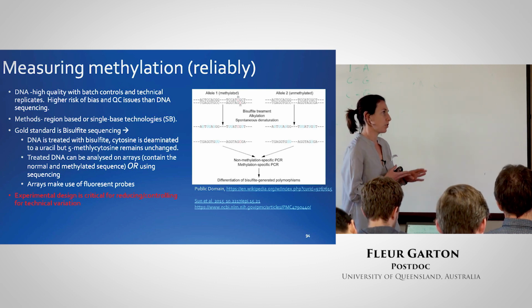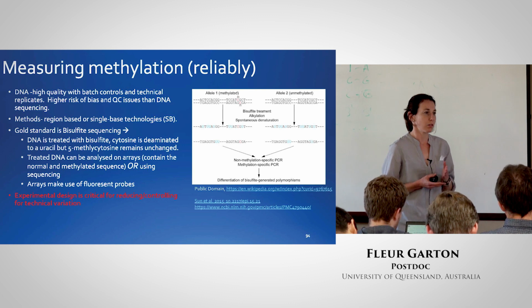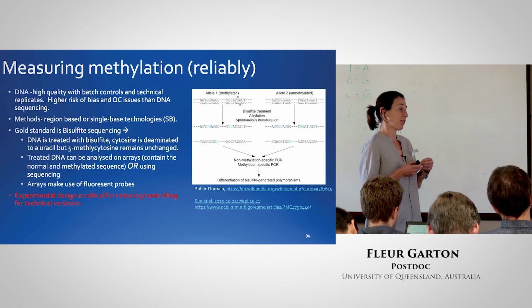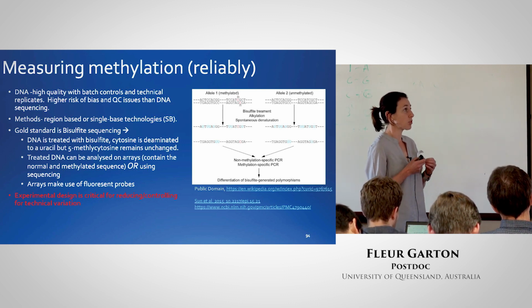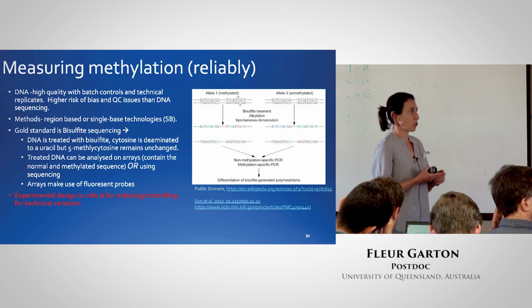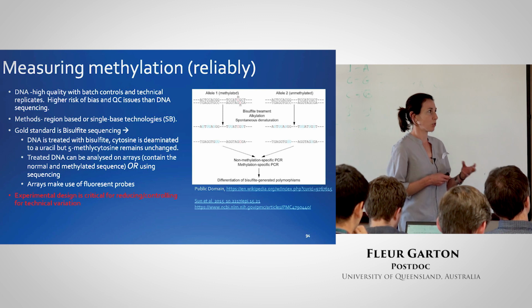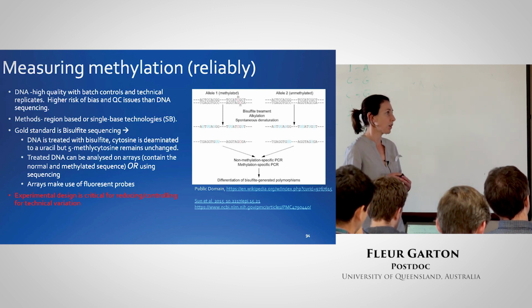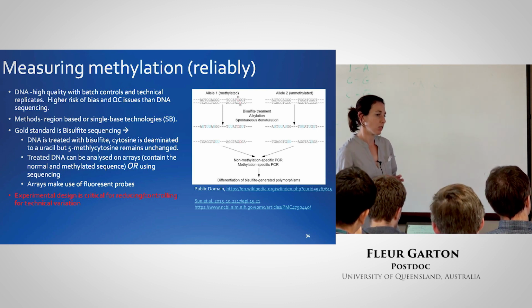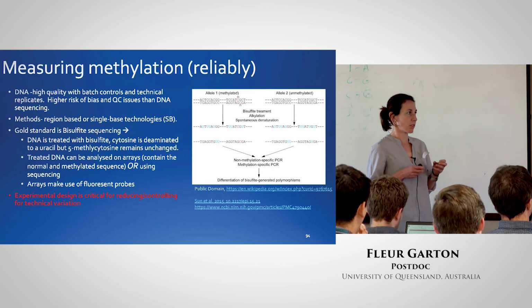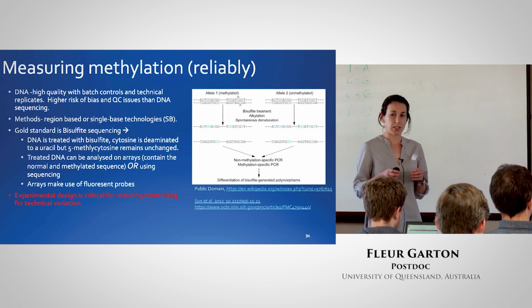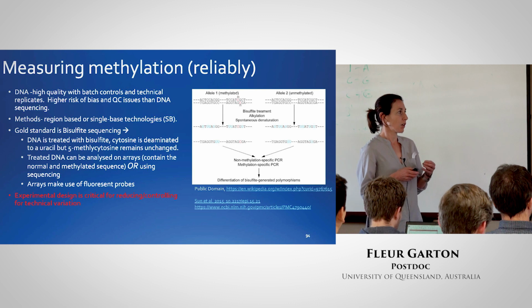To measure methylation, you want DNA that's high quality, and that's often best from blood or tissues. You want batch controls and technical replicates. You are at a higher risk of bias and quality control issues than with DNA sequencing. For the methods, you can use region-based or single-base technologies. The gold standard is bisulfite sequencing.